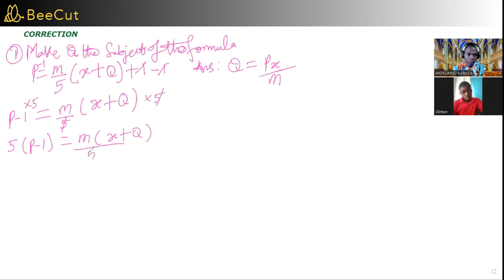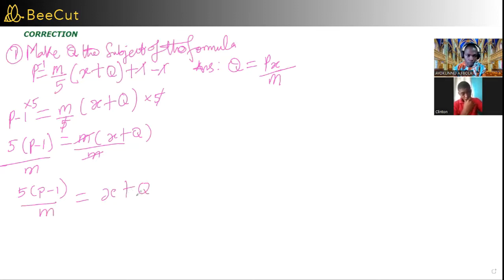So divide by M. So M cancels M. Then on this side, you have 5 into P minus 1 all over M equal to what now? X plus Q. You don't need the bracket again because there's nothing outside the bracket. Is that taken? Yes, sir.